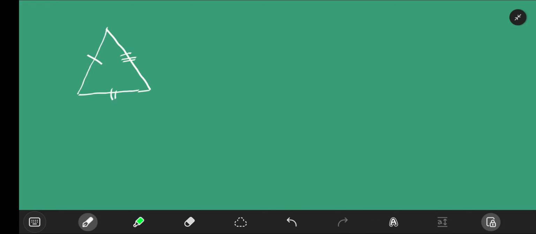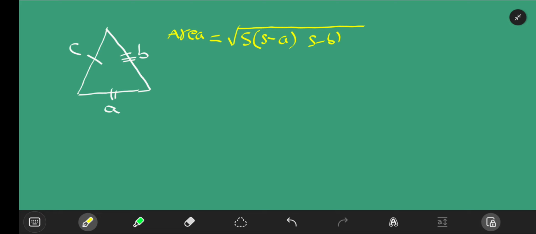Three different sides. Suppose this is A, this is B, and this is C. Then area of this triangle, area is equal to square root of S into S minus A, S minus B, and S minus C.